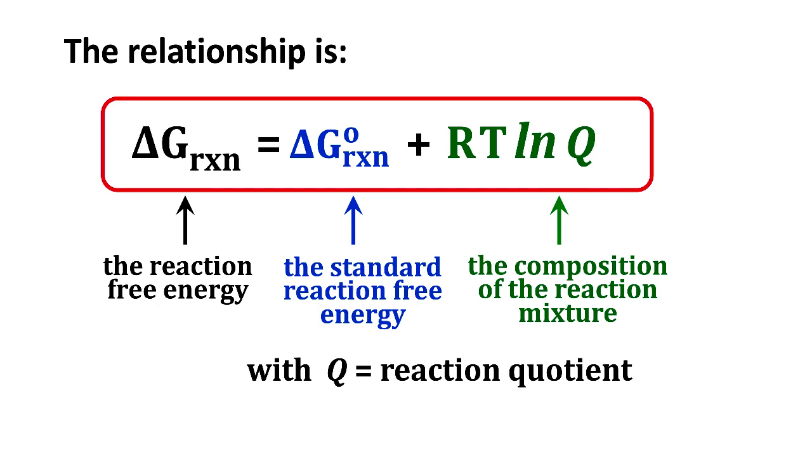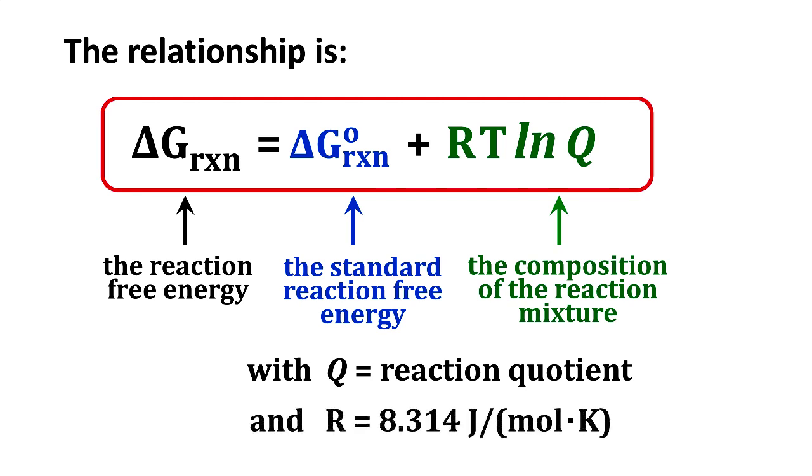Remember, that has the same form as an equilibrium constant, but it has concentrations or pressures of whatever the substances are at the given time. And then R, the value that is used here is the 8.314 joules per mole Kelvin value to have agreement with units, so everything is in terms of energies or free energies.